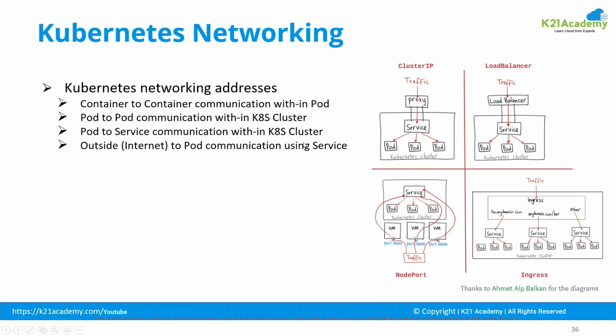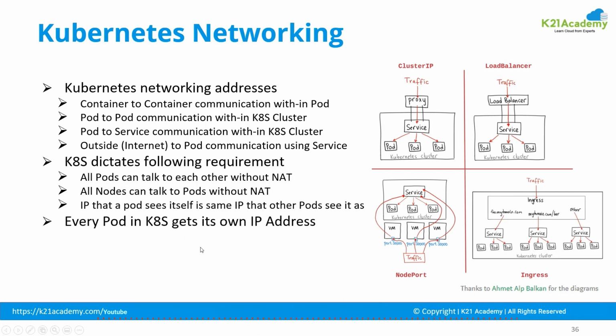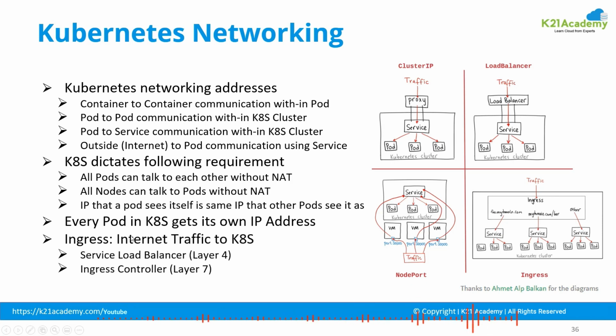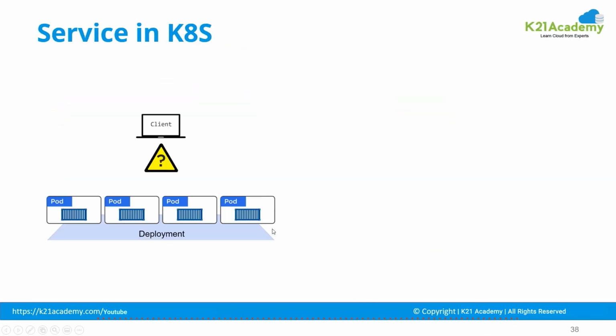You also have pod to service communication, which means if this pod wants to talk to another pod, it'll go via the service, but it doesn't need any further configuration. They can talk to each other. If you have a request coming from outside, from the internet, then it will communicate using the service via the node port. So these are the requirements. And as I said, each pod in Kubernetes has its own IP address.